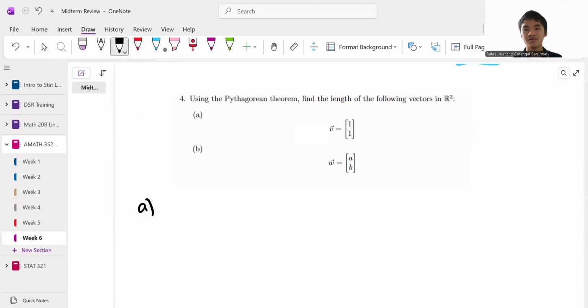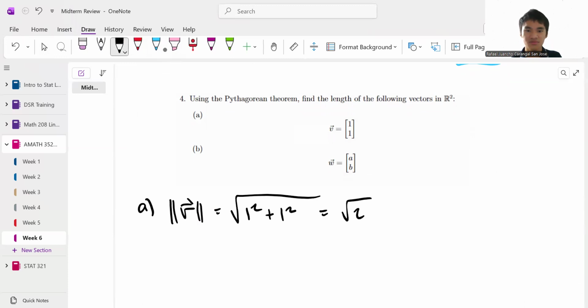We want to find the length of the following vectors. So we want to find the magnitude. So that's going to be the norm of this guy. How do we do that? Well, we just do square root of 1 squared plus 1 squared, square root of 2.